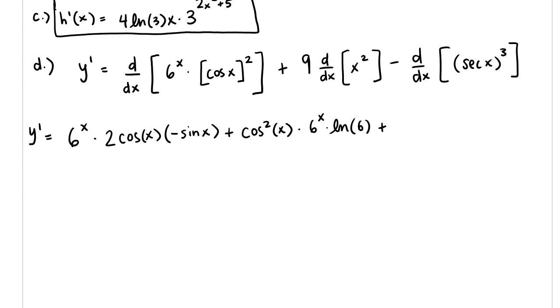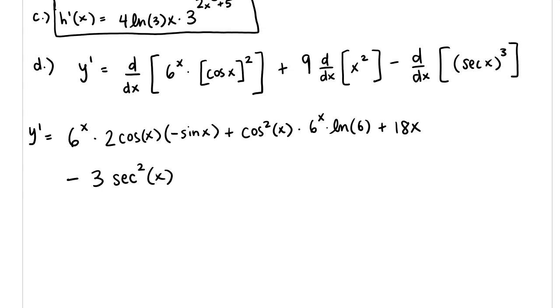On my next term, I can just use the power rule. If I bring the 2 exponent down, 9 times 2 is 18, and then I'm going to decrease the power by 1, and then finally I am taking the derivative of secant of x cubed, and I'm going to need to use the chain rule again there, so minus, I'm going to bring my power down 3, secant, I'm going to decrease the power by 1, so that gives me secant squared x.